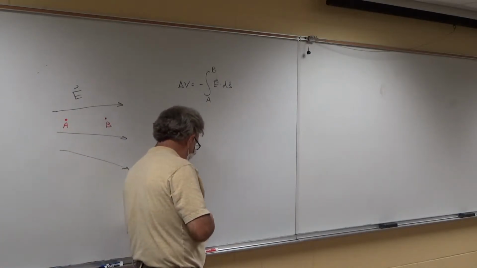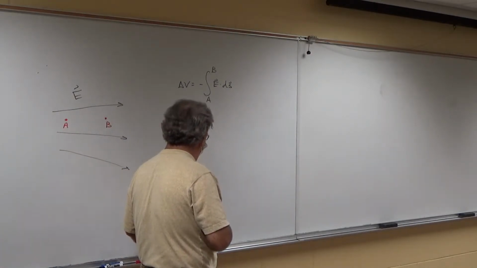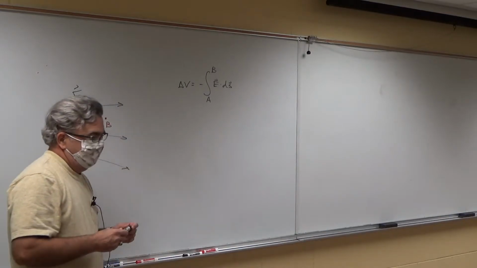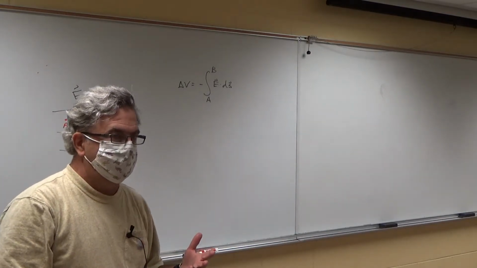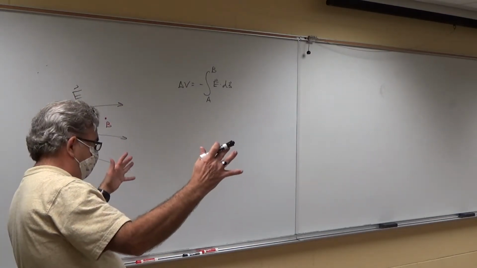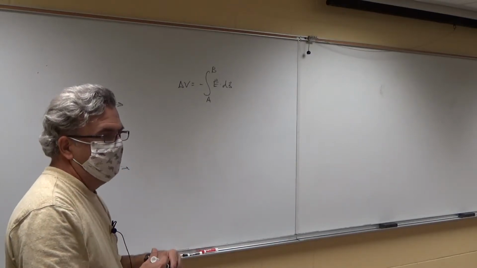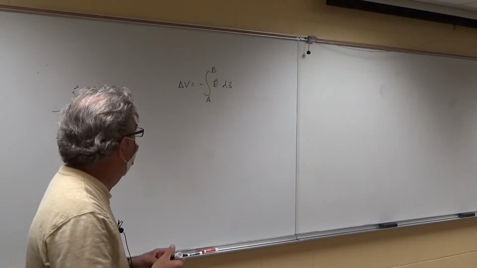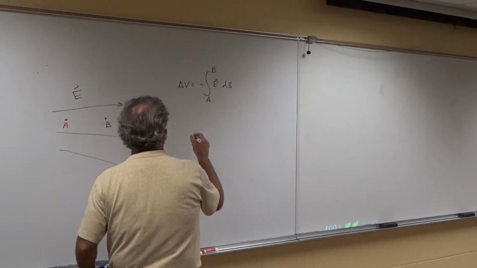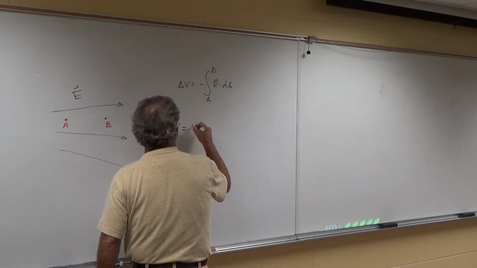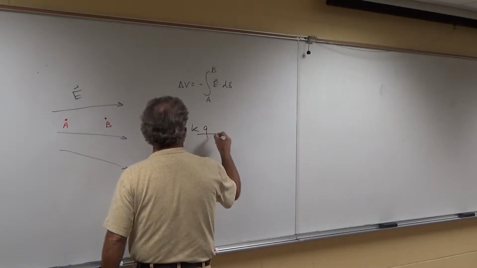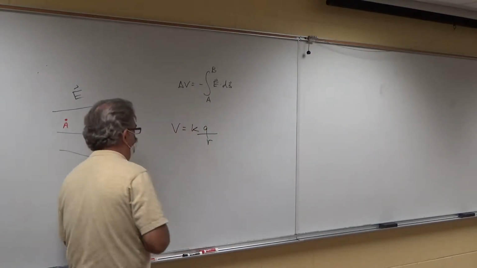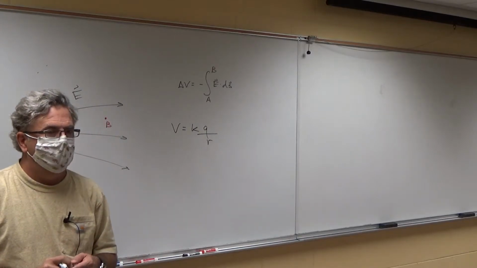Then I looked at the potential due to a point charge. For a point charge, we know what the field looks like. So I did an example where I showed how to calculate the potential due to a point charge. For a point charge, the potential is equal to kQ over r. r is the distance from that point charge.